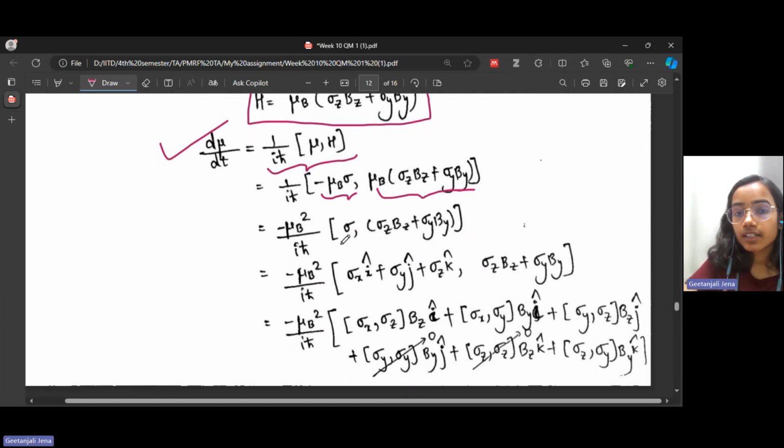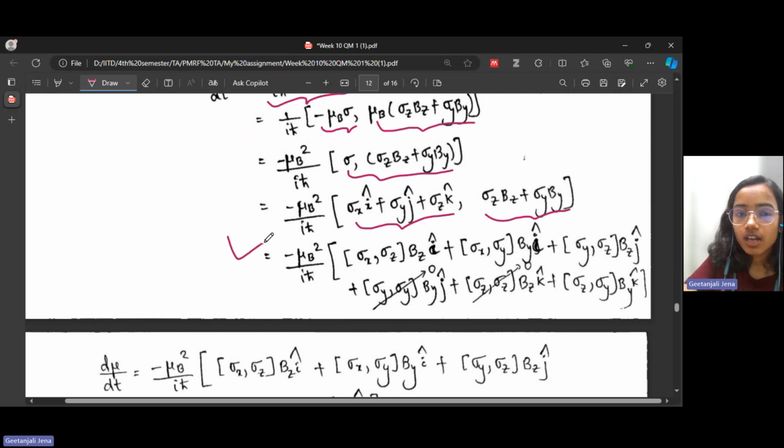Use these and you can easily solve this problem. Let me tell you what I have done in this step. I have put sigma as sigma x i plus sigma y j plus sigma z k, and these terms remain the same.